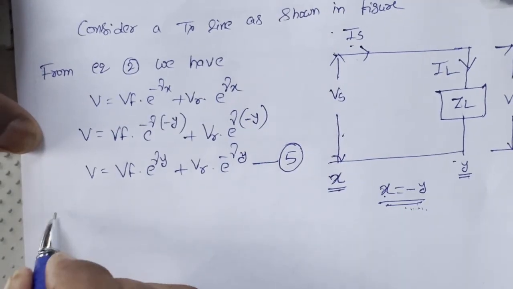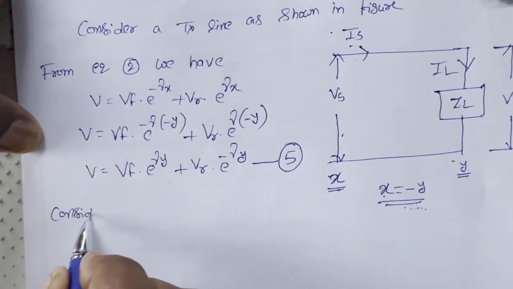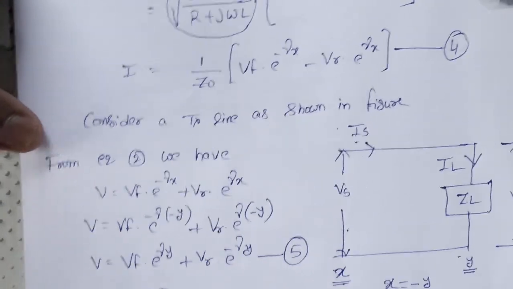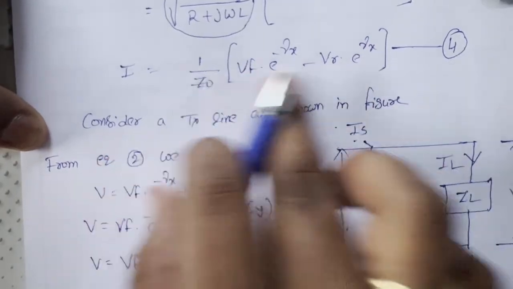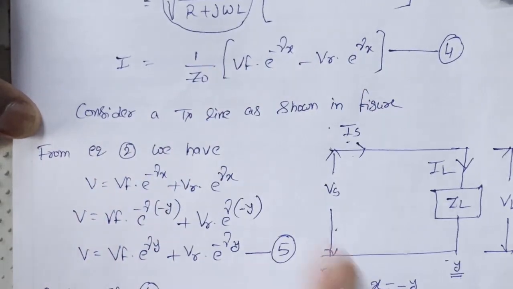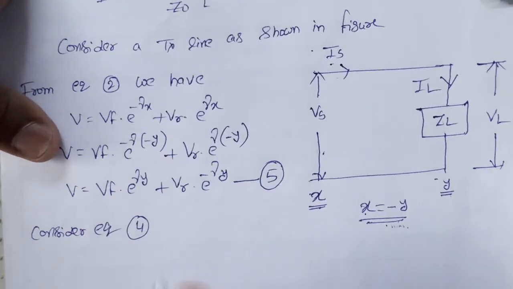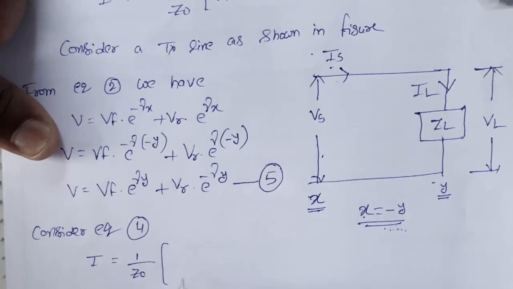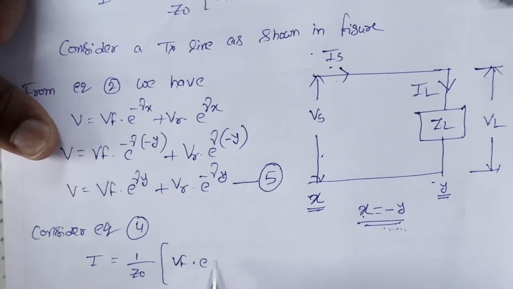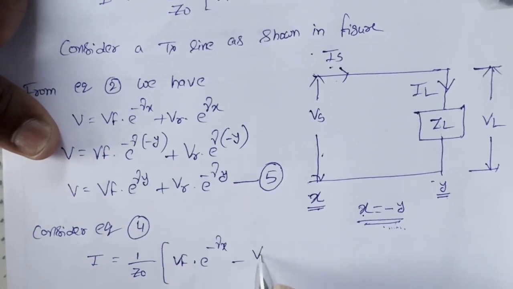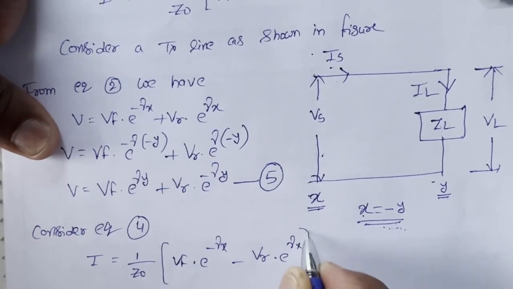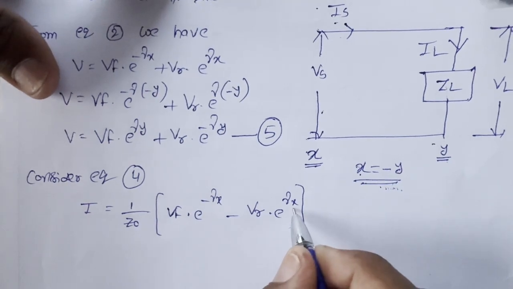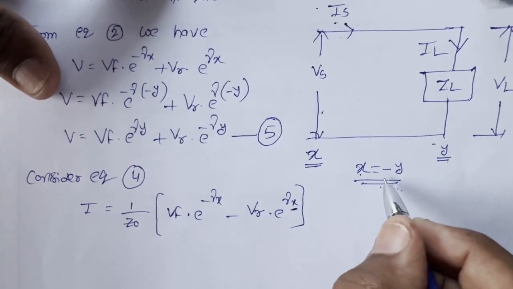The same process has to be done for equation number 4 also. Now consider equation 4. I equal to 1 by Z0 into Vf into e power minus gamma x minus Vr into e power gamma x. Here also I am substituting x equal to minus y.